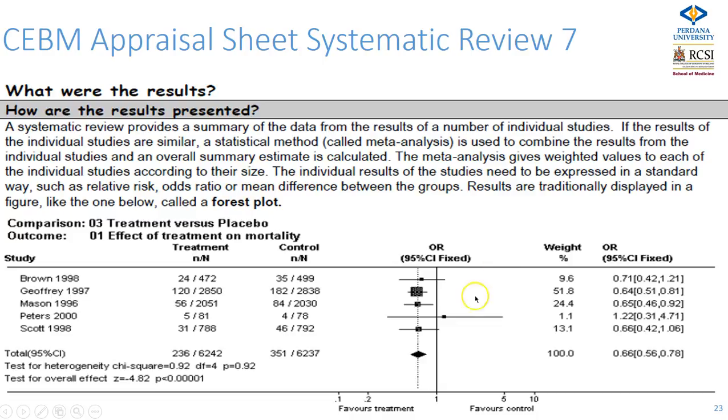And you can see here the weight attached to this particular study is 51%, much higher than all the others. So this is a very useful way to represent results from a systematic review of randomized controlled trials and their meta-analysis. And you can see, as mentioned here, tests for heterogeneity using chi-squared and degrees of freedom, as well as z-score.